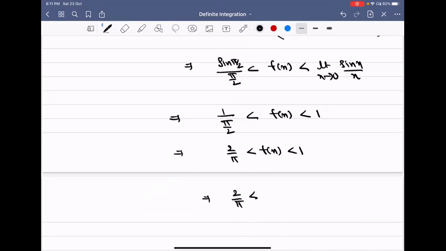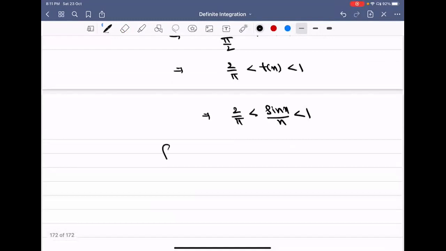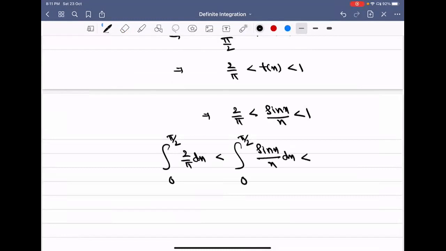Therefore 2 by pi is less than sin x by x is less than 1. Now integrate in between 0 to pi by 2. Therefore integration of 0 to pi by 2 2 by pi dx is less than integration of 0 to pi by 2 sin x by x dx is less than integration of 0 to pi by 2 1 dx.